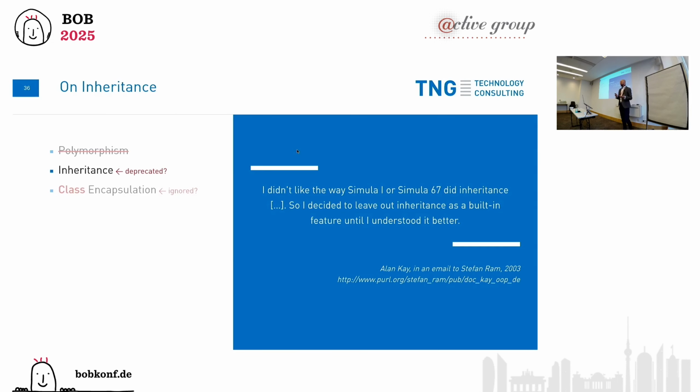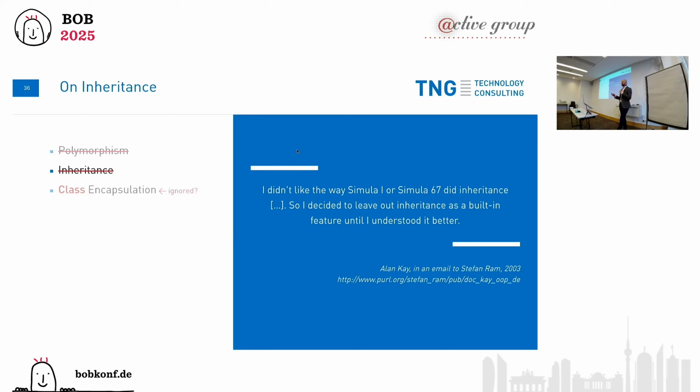On inheritance, Alan Kay says outright that he didn't like it and that he intentionally left it out originally. So also the concept of inheritance was already around at the time, but he intentionally left it out. So also inheritance is not part of the original idea. And I think we can rightfully scratch it from our list of defining features.